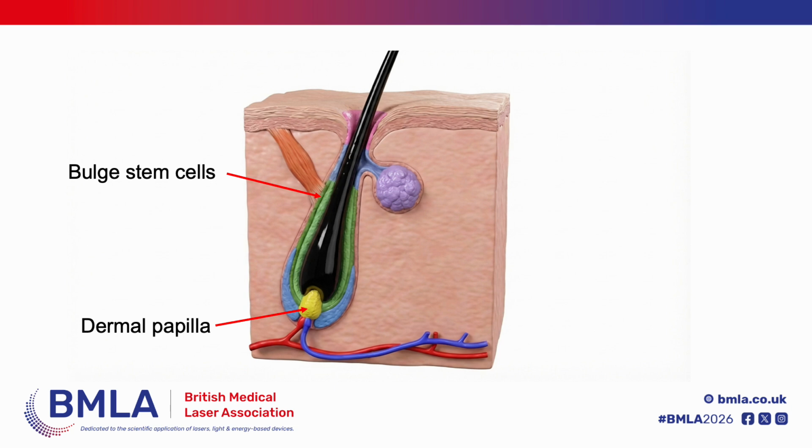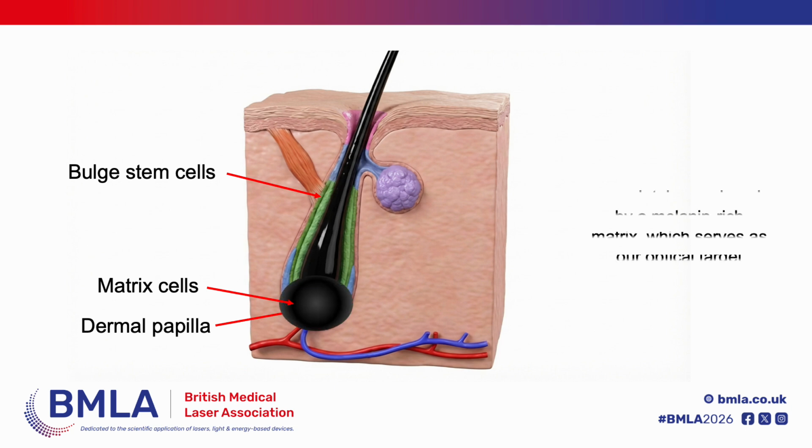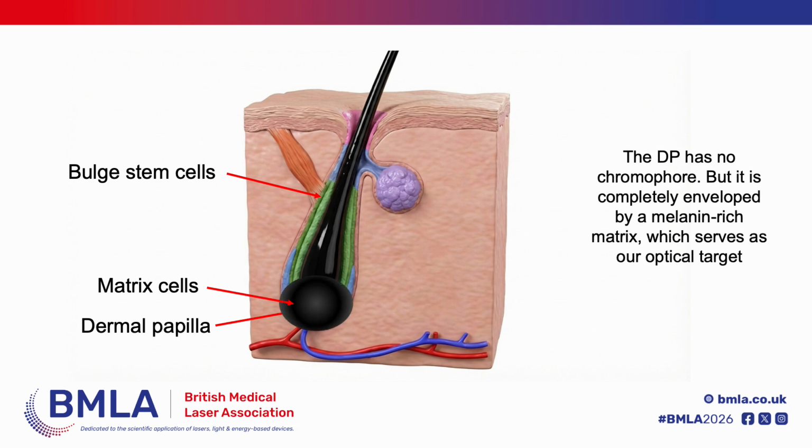the catagen phase. Now, the dermal papilla has no chromophore which we can target using light, but it is surrounded by matrix cells, and these cells include keratinocytes and melanocytes, which generate the keratin required for the hair shaft and the melanosomes required for the colour of that hair.